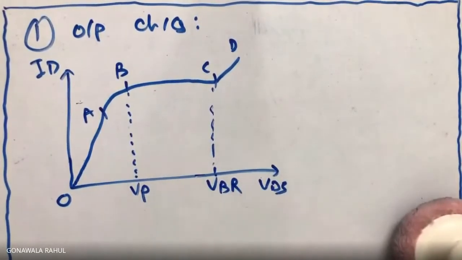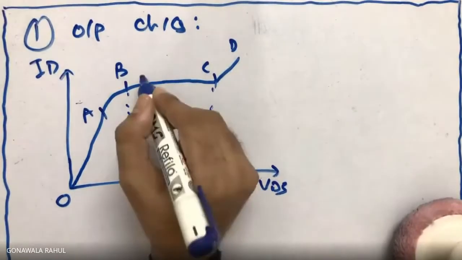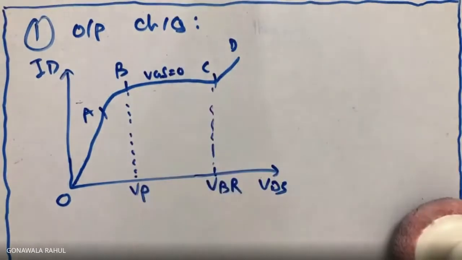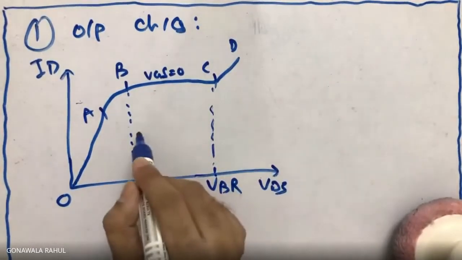This is VR. At a certain VGS, let's say 0 volt.